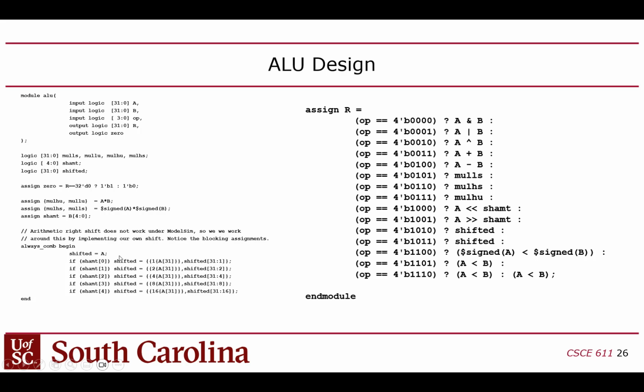And then the shift. Maybe one of you might figure this one out, but Verilog has shift operators in it, right? You can just say shift left. But for whatever reason, we couldn't get those to work, so we had to create our own shifter. This is a kind of cool use of an always_comb.